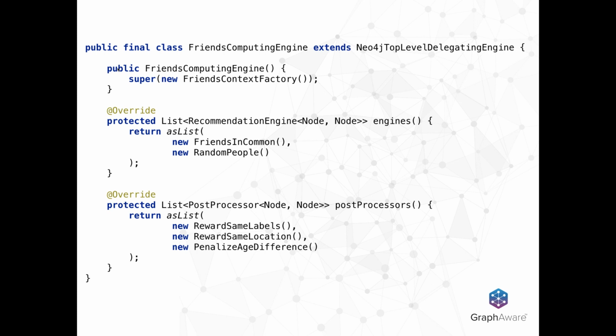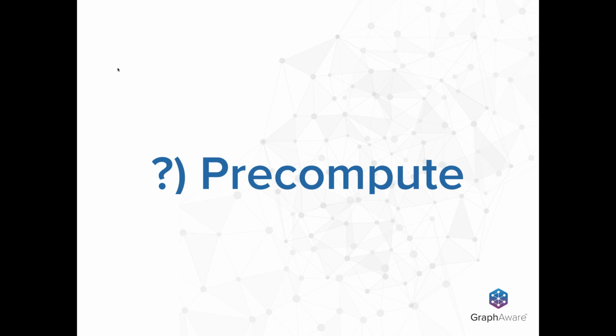This class you're looking at is a full-blown recommendation engine. You can use it now, and I'll show you how. Before I do that, this optional step of pre-computing. So our framework has the capability of pre-computing recommendations using the very same engine you've just built. And the reason you might want to pre-compute them is sometimes some algorithms will be simply too expensive to compute in real time.